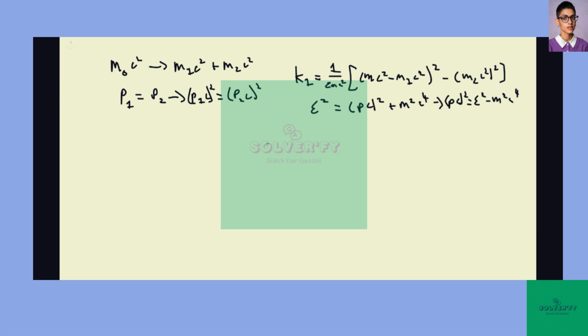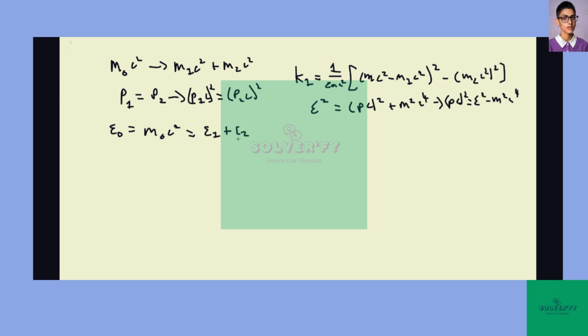Now that we have the conservation of momentum laws, we can use conservation of energy to state that the total energy on the left-hand side is going to be equal to the total energy on the right-hand side. So we have E0, the total energy on the left-hand side, which is just the rest energy of the original particle, equal to E1 plus E2.